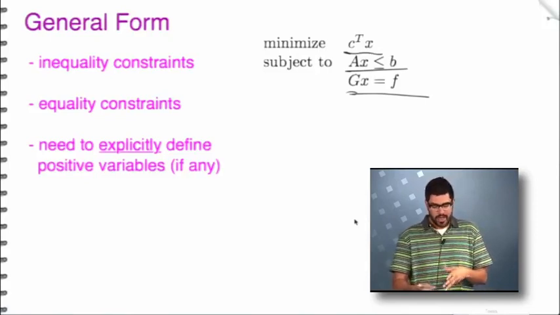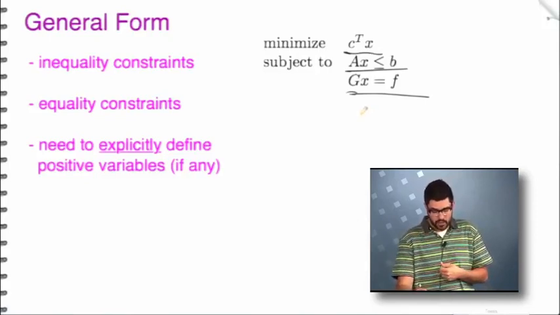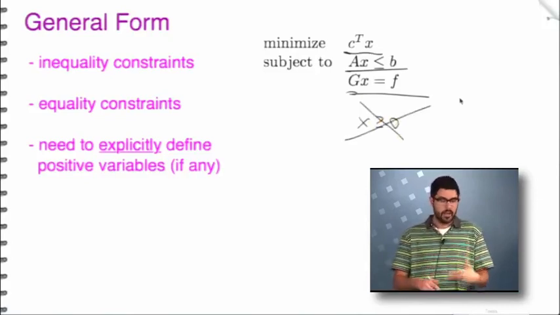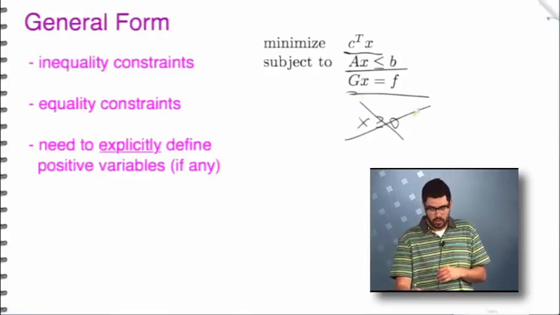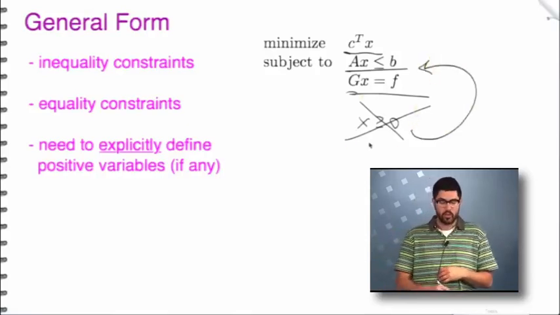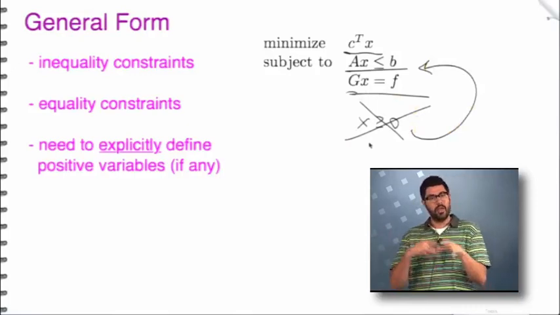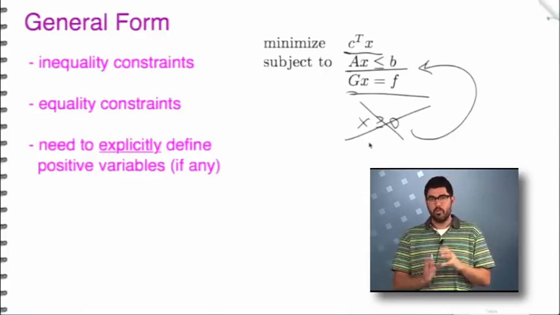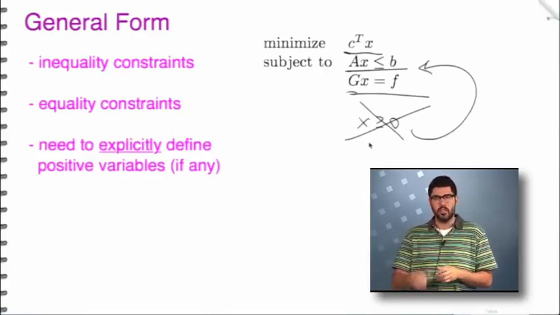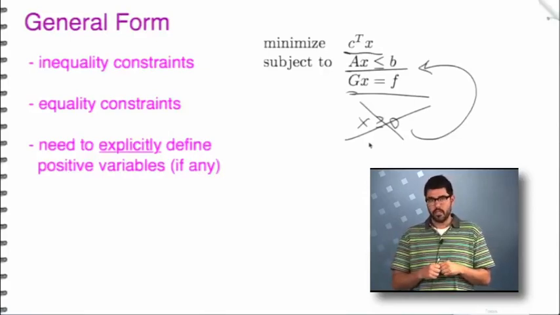As you can see, there is no explicit X is greater than 0 in this case. Okay, but again, we'll see that next. If we had a non-negativity constraint, we would try to put that into our A matrix. All right, so we're going to see that in more detail in the next lecture.